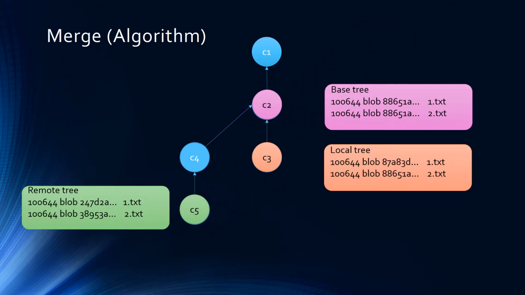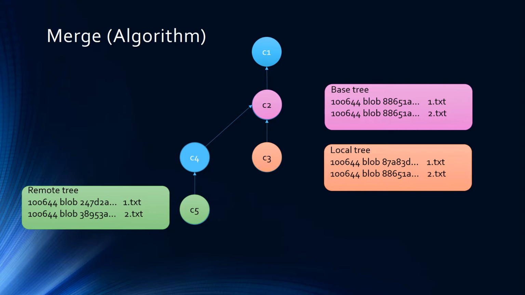The first situation: the same file changed in both branches, then it needs to be merged. If the same part of the file has been changed in both branches, then it needs to be resolved. Otherwise, it can be simply merged. In the end, a new file will be created as a snapshot and kept in the new merge commit as the file blob.